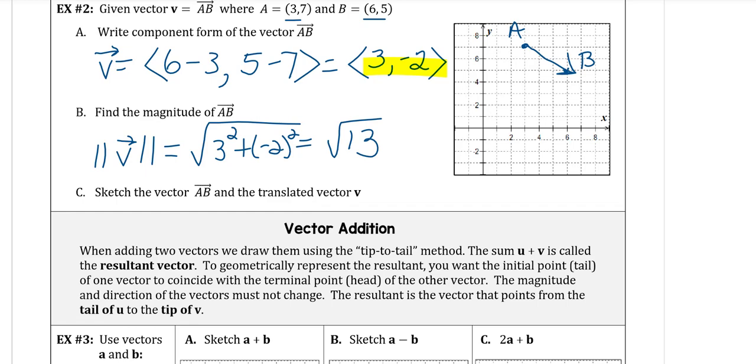And then our translated vector is (3, -2). So it is going to go from the origin to the point (3, -2). So there's our v. If you notice, it has the same direction, the same magnitude, but now it's been translated through the origin into standard position.